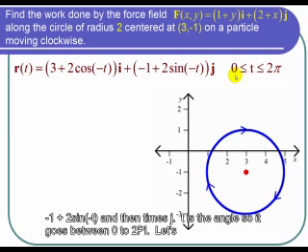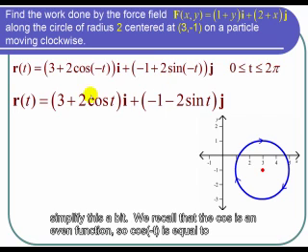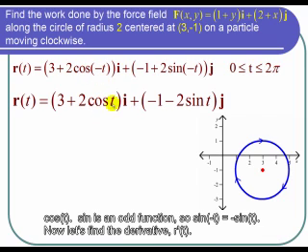And t is the angle, so it goes between 0 and 2 pi. Let's simplify this a bit. We recall that cosine is an even function, so cosine of negative t is equal to cosine of t. And sine is an odd function, so sine of negative t is equal to negative sine of t.